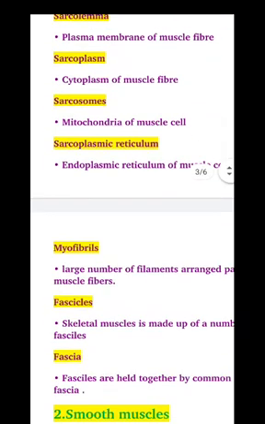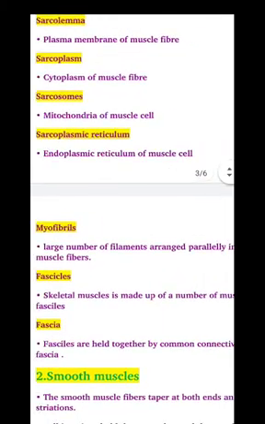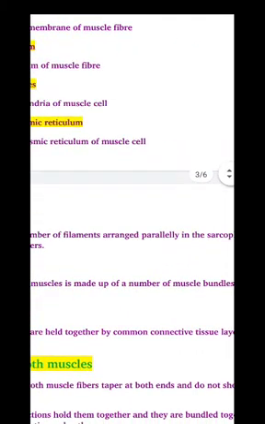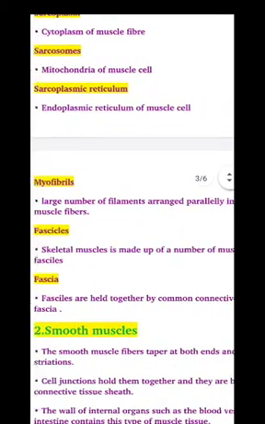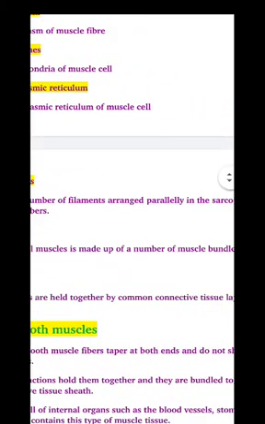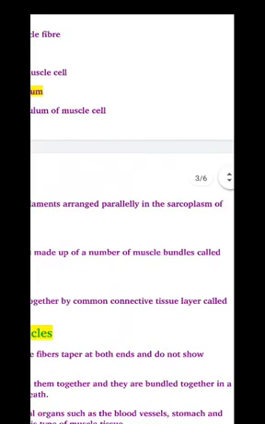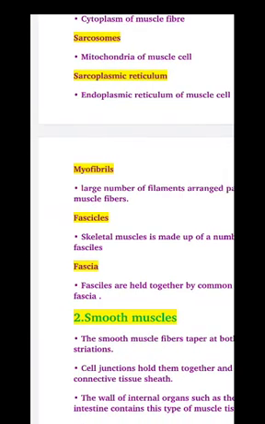Now, how are these arranged? A large number of filaments are arranged parallelly in the sarcoplasm of muscle fibers, and these are known as myofibrils.